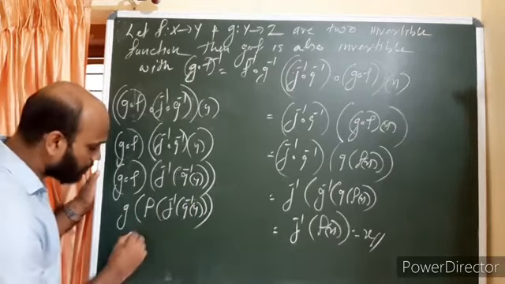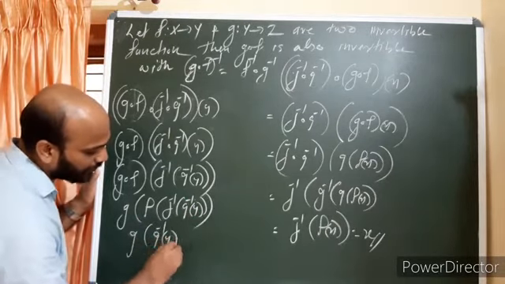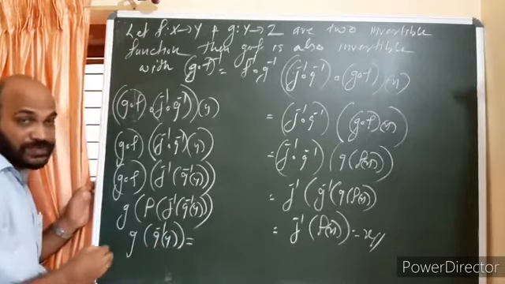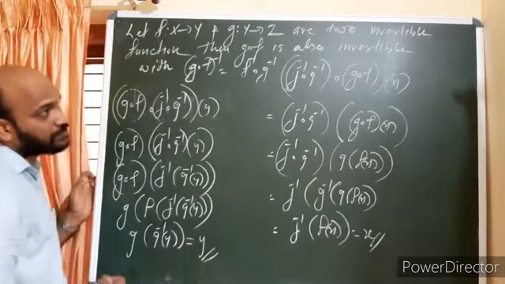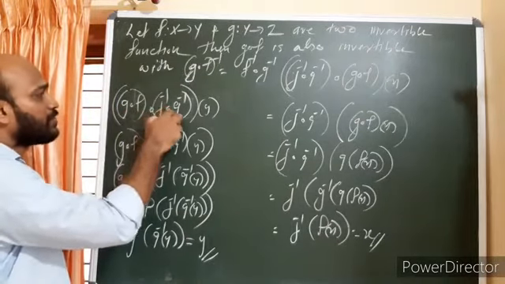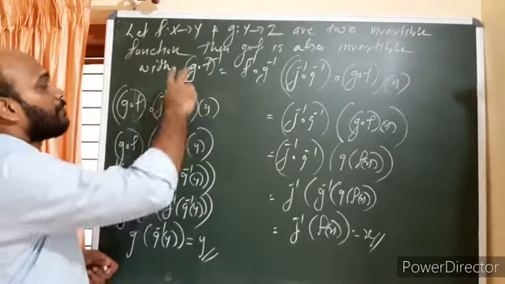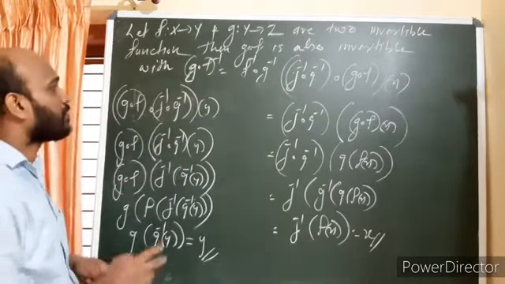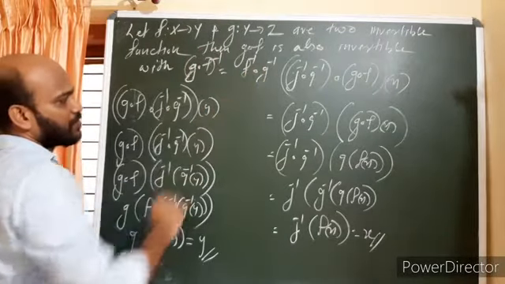So this is equal to g of g inverse of y. Now what about g of g inverse of y? G of g inverse of y equal to y. So we proved that g of f inverse of g inverse of y equal to y. That means by definition of composition, g of f whole inverse equal to f inverse of g inverse.